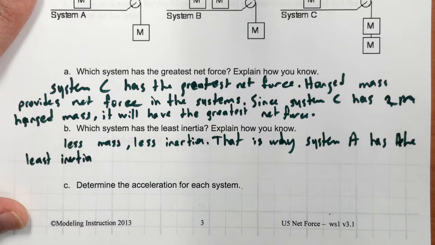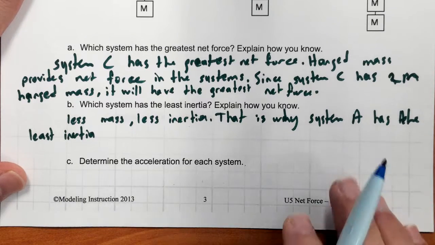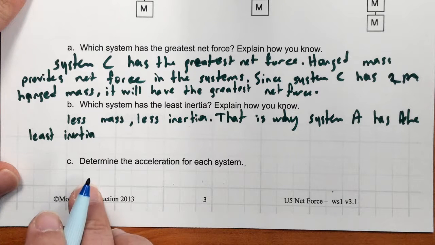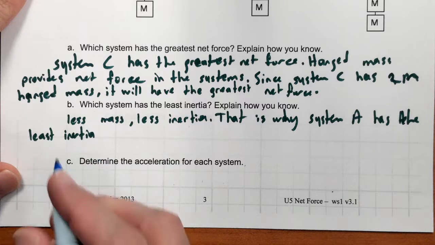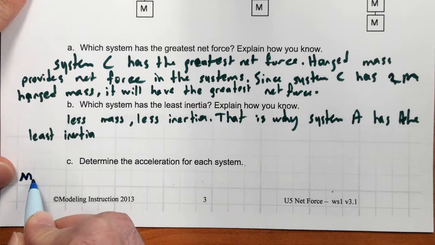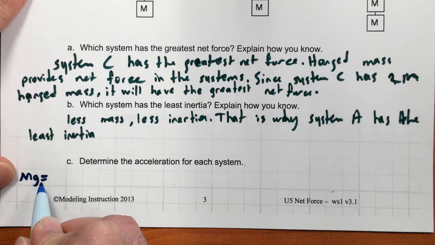Okay, so determine the acceleration of each system. In order to do that, I'm going to do some calculation here. For system A, I have a hanging mass of m, and mass times g is the gravitational force, right? Mass times g.